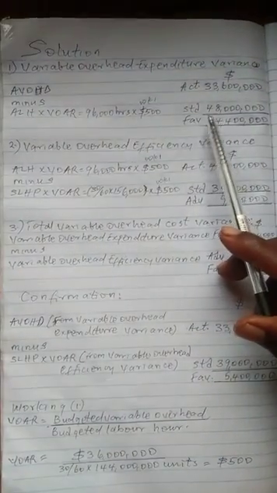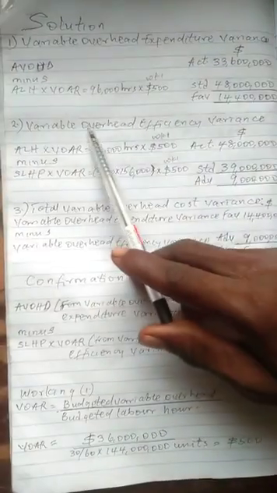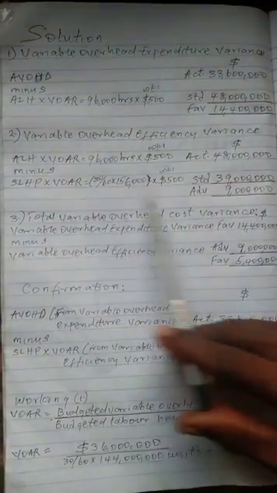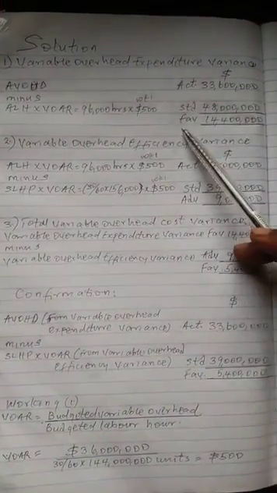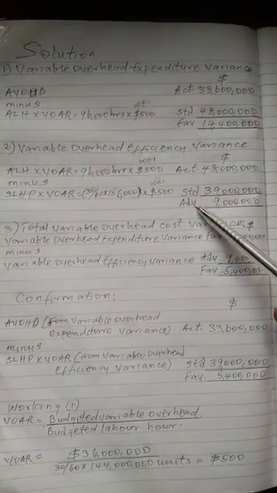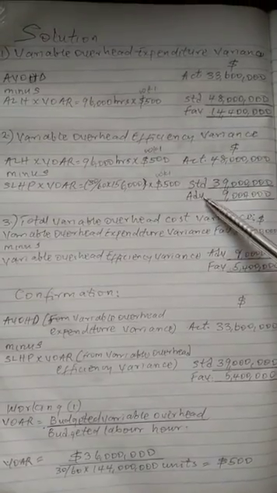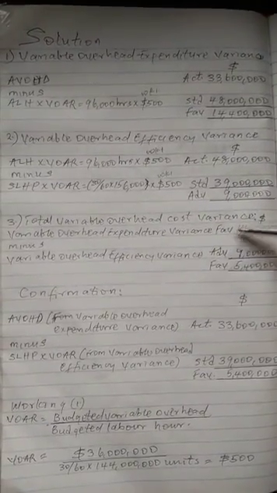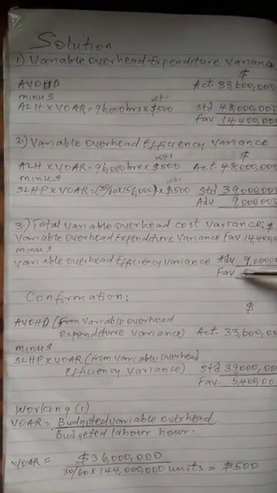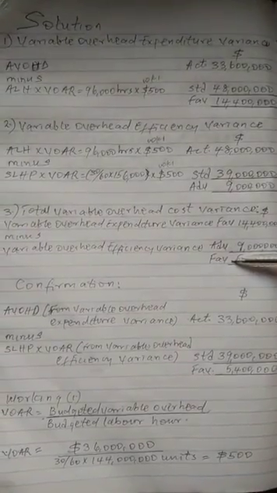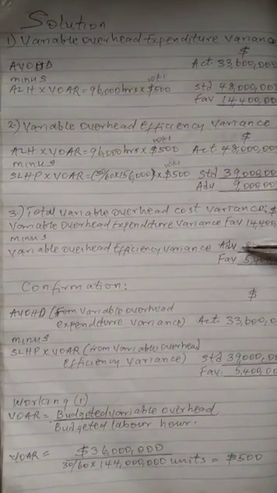You pick it here. And the answer for variable overhead efficiency variance, this is it, 9 million. Look at it. One is favorable, one is adverse. So the favorable is higher than the adverse. Your answer is favorable. The meaning of it is that favorable is plus, while adverse is minus.